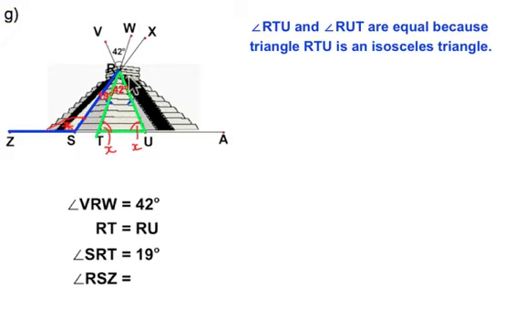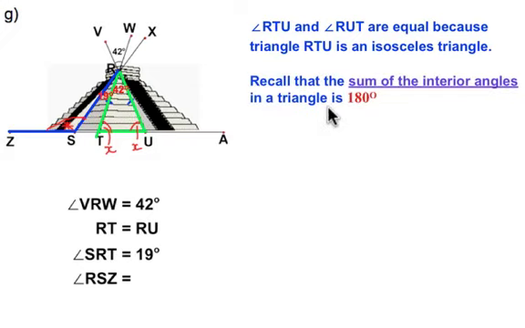Now what we've determined is that these two angles are equal. So angle RTU and RUT are equal because triangle RTU, the one that's outlined in green here, is an isosceles triangle. And so that means that we can figure out the value of those two angles using the fact that the sum of the interior angles of a triangle is 180 degrees. So we can write an equation because the three interior angles of this triangle have to add up to 180.